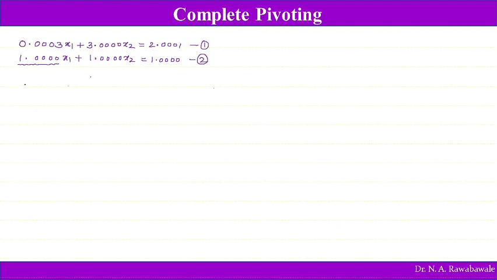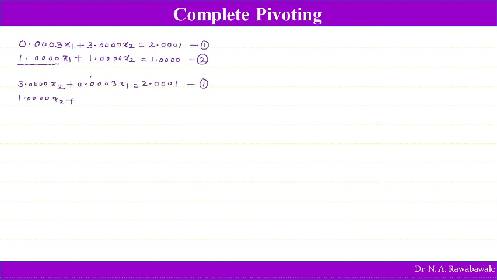Then equation number 1 can be rewritten as 3.0000 x2 plus 0.0003 x1, which is equal to 2.0001. So now equation number 1 is rewritten.